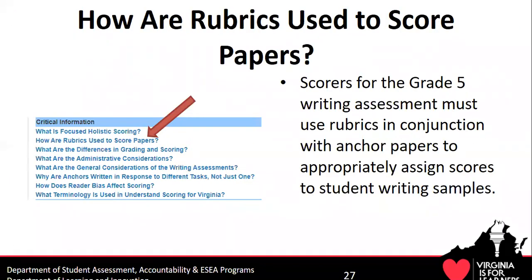Because there is a range of papers within each score point, it is important to use those anchor papers and the rubrics together when scoring student writing, to not only look at the language and the criteria in the rubric, but also to look back at the anchors and say which anchor this is most like, to help clear any misconceptions or indecisiveness when scoring those student papers.